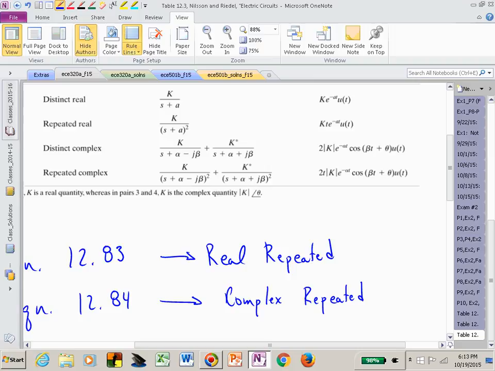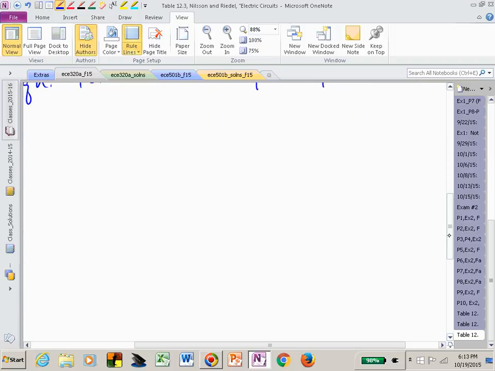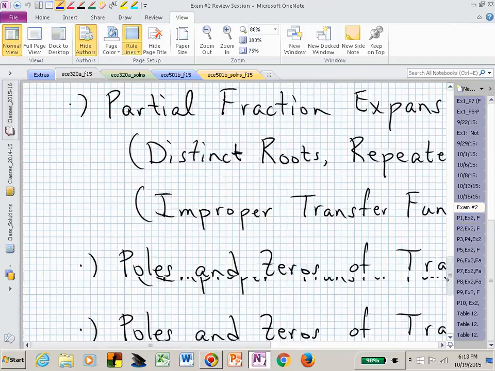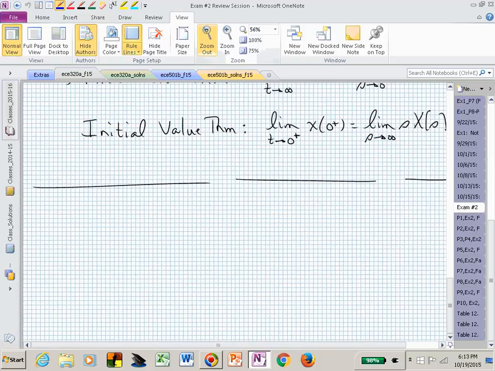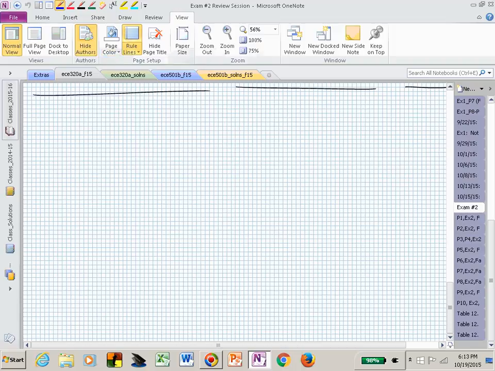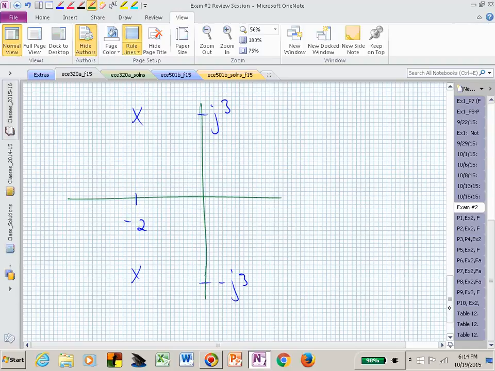If we go back to this, let me zoom back a little, and you now have the following complex poles, and let's say this is at minus 2, j3, and this is at minus 2, minus j3. You know that the structure of your answer in the frequency domain is you have two terms.